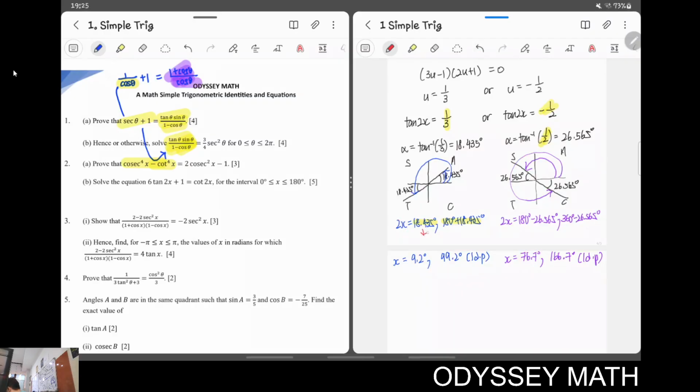So you add 360 to both after you get the two angles, or you minus 360. Then you can add 360 degrees for both angles to generate the next two angles ahead, or you minus 360 degrees backwards to generate the previous two angles. Got it?